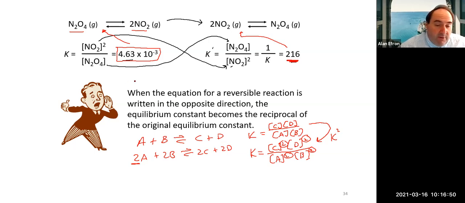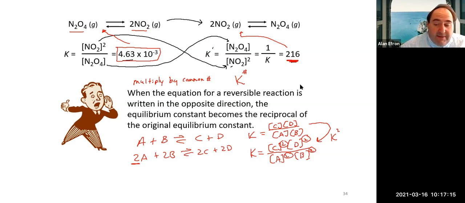So if you need to multiply by a common number, you take the K value to that common number. Like we did on the bottom there, we squared it because we multiplied by 2. If we multiply by 3, we would cube it.